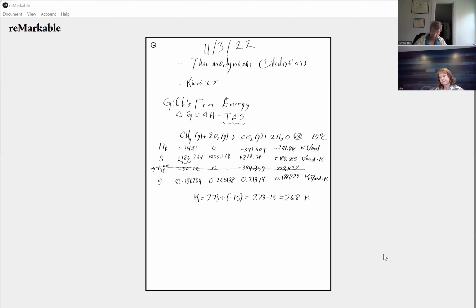So now we have our temperature, we have our entropy. Let's do our first calculation. First, to calculate the change in enthalpy. Remember, it is always, always, always product minus reactant, and do not forget the stoichiometric coefficients.